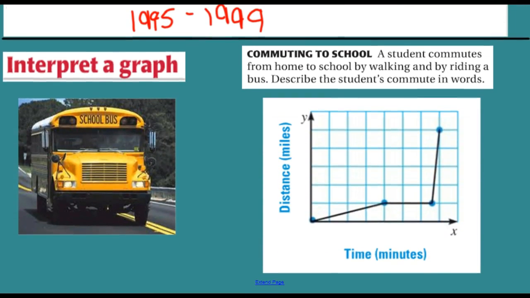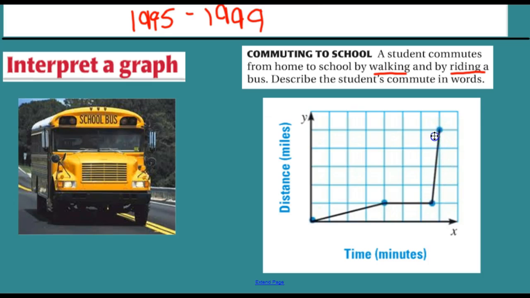The last problem says to interpret a graph. It says a student commutes from home to school by walking and by riding a bus. Describe the student's commute in words. Well, we have distance on the side here over time. So it looks like he's walking, or it looks like he's going slowly up to this spot. Then he just sits there for a little bit. He's not moving anywhere. And then he shoots up.